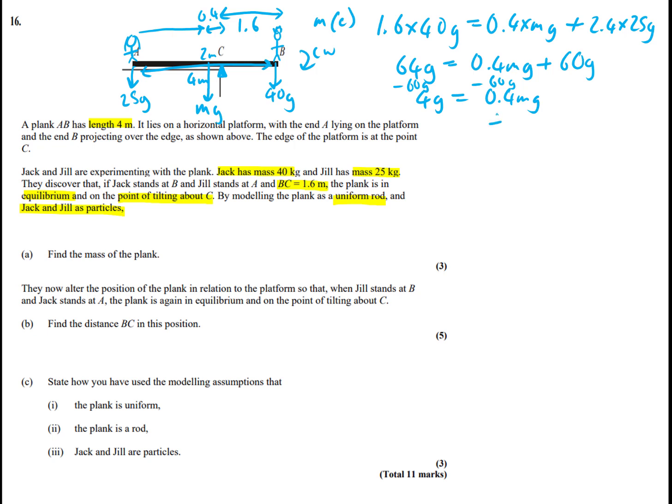So we just divide out by 0.4g on both sides to get the mass, and the mass will equal 10 kilos. Wonderful.